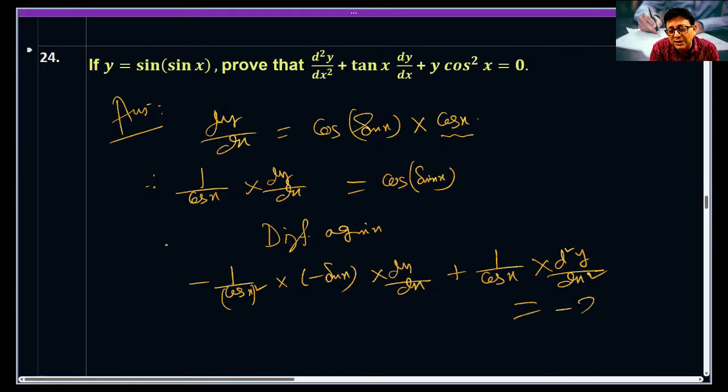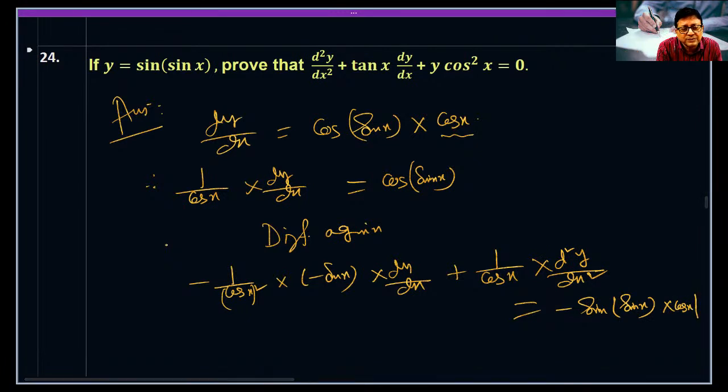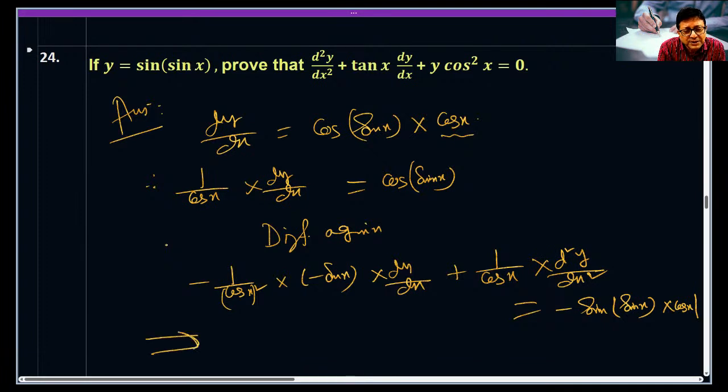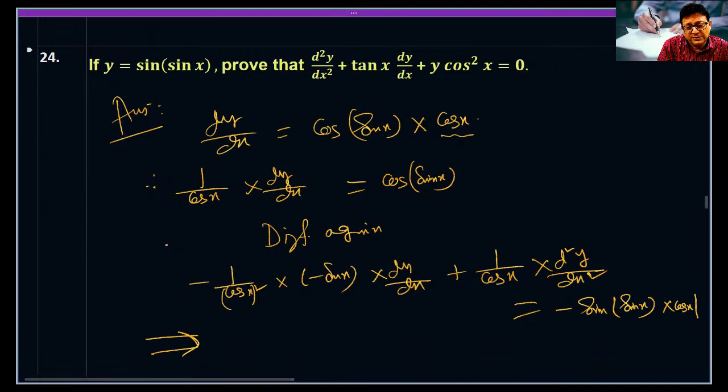Cos of sine x, minus sine of sine x into cos x. Clear? Done? So this is sin x by cos square x.